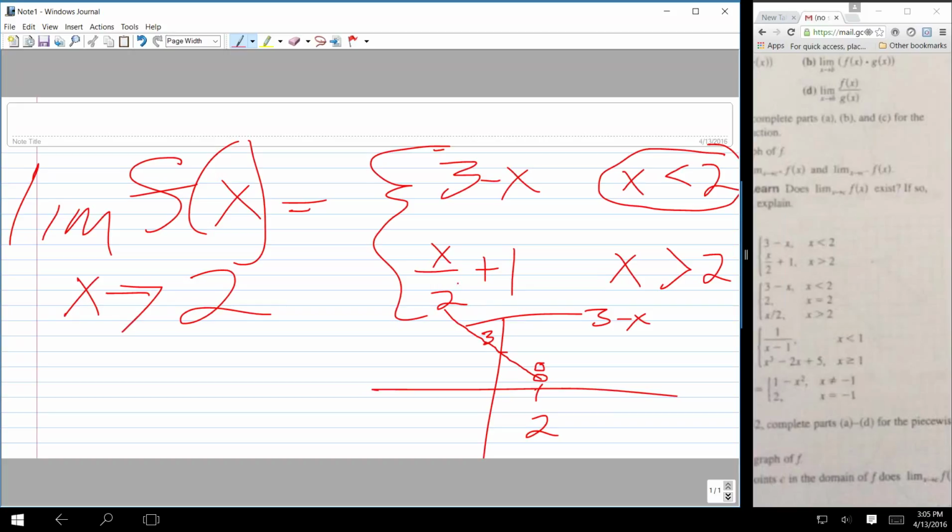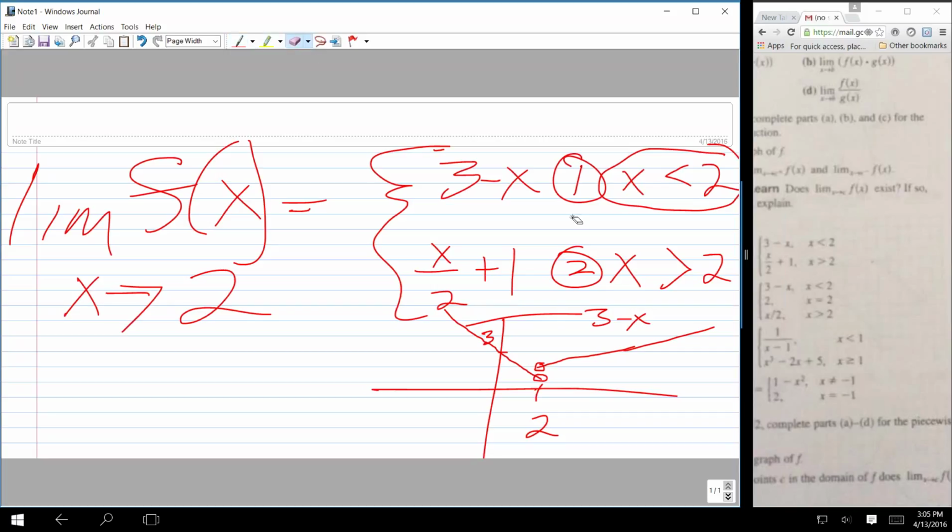The slope on this function is positive 1/2, so it looks like that. At x equal to 2, this would be 1 and this would be 2. That's why this circle is above the bottom circle.